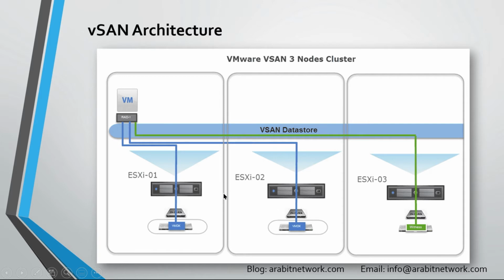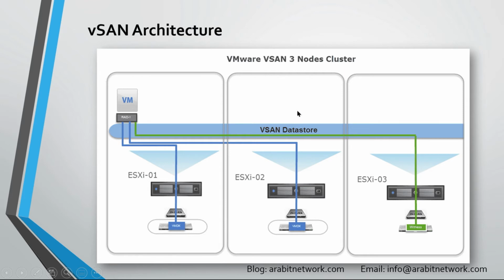Each host has a few local disks, and all of these disks are logically combined into a single data store. So now your data is not centralized. It's distributed across multiple physical servers, and the more hosts you add with local capacity, the more physical capacity you get in your software-defined storage entity, which is the vSAN data store in this example.